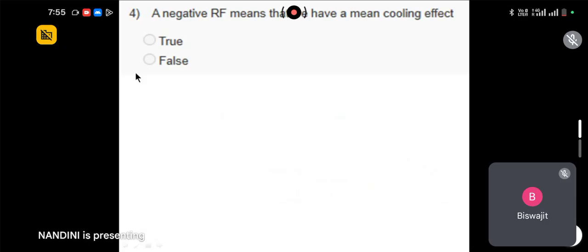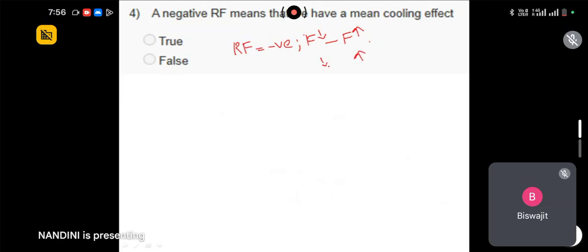Now the last question. A negative radiative forcing means that we have a mean cooling effect. Is it true or false? If RF is negative, does it mean warming or cooling? Radiative forcing is basically F incoming minus F outgoing. If RF is negative, what does it mean? It means more radiation is outgoing than incoming.